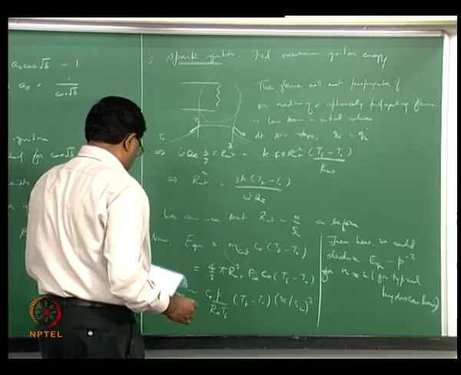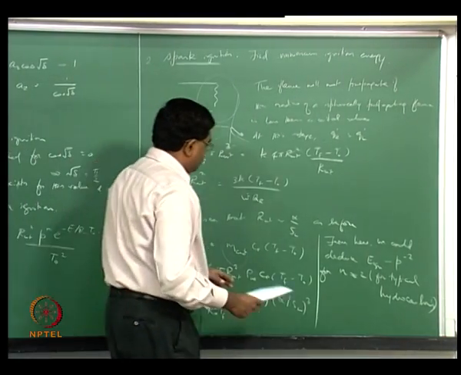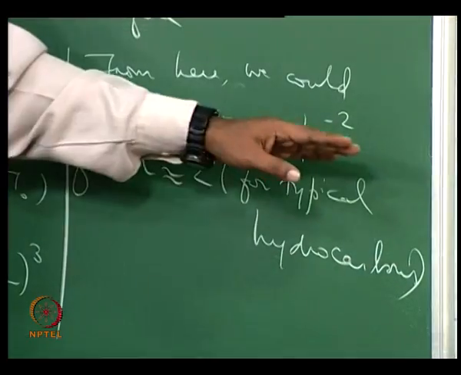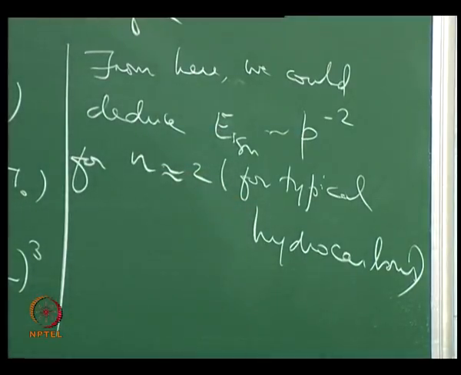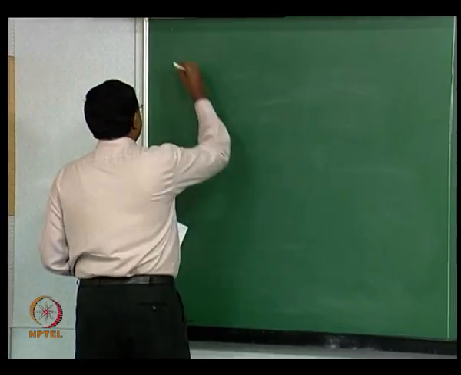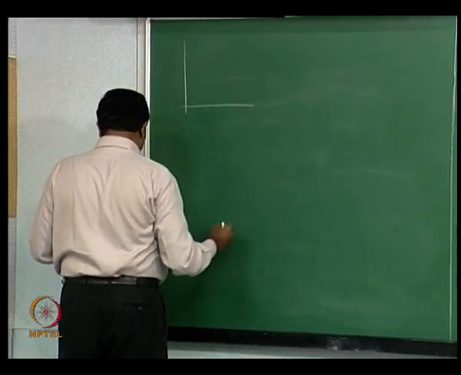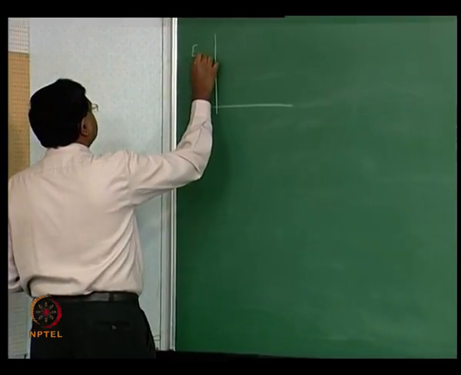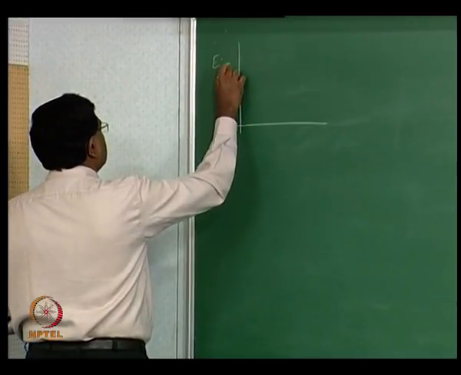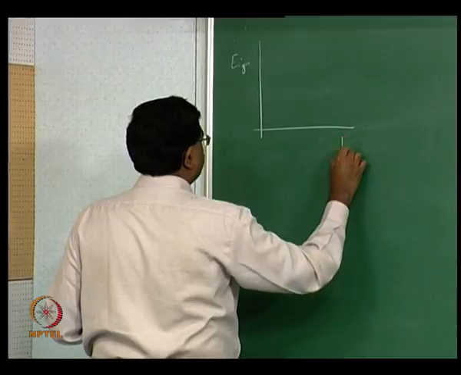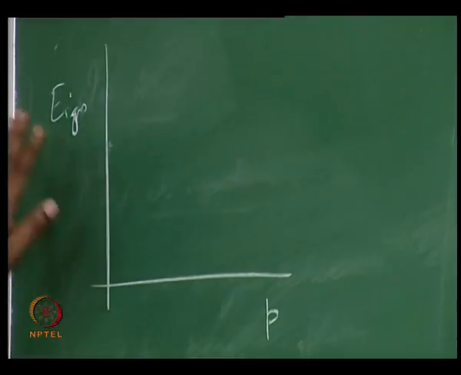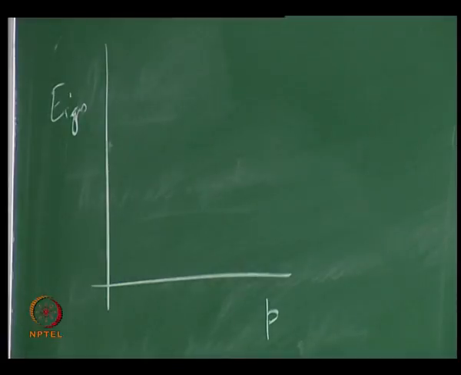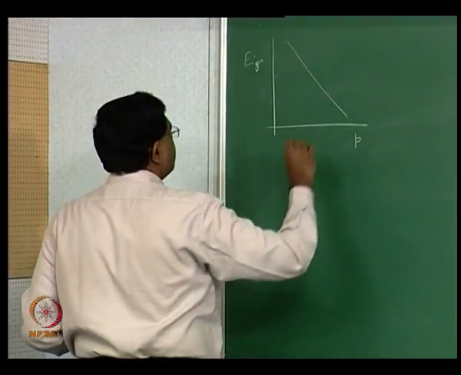Right, and this pretty much gives a good dependence compared to experiments, right. So if you think about how the experimental dependence is, experimentally it's observed that if you try to plot your E ignition versus pressure, and of course if you do this on a log scale, we should get a straight line that goes downwards.